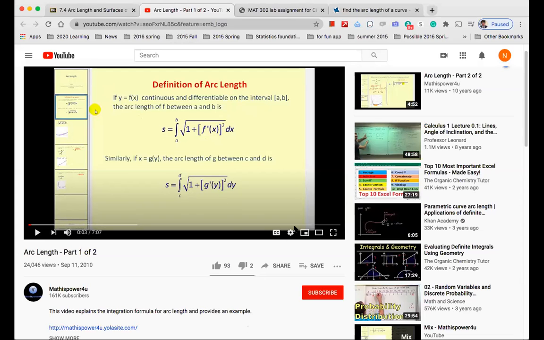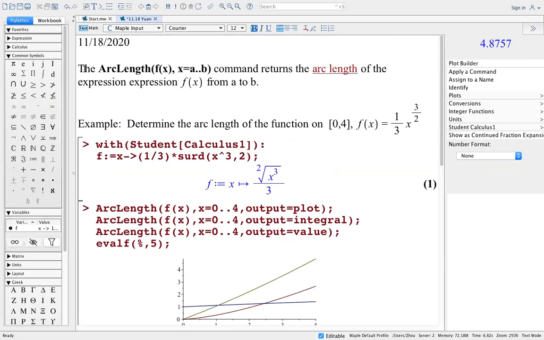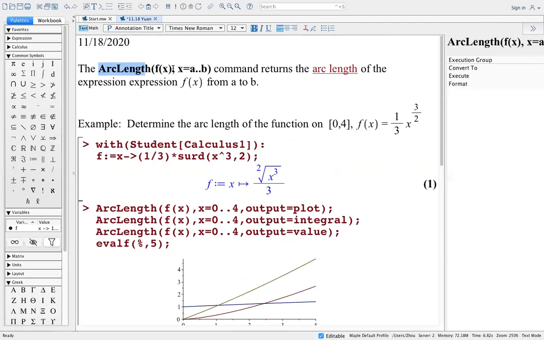Now, for Maple, we have this command called Arclength. If you put in the command, Arclength, parentheses, function f of x, comma, x equal a to b, this command calculates the Arclength of this function from a to b.